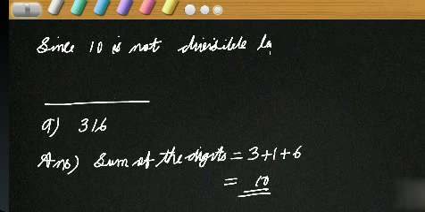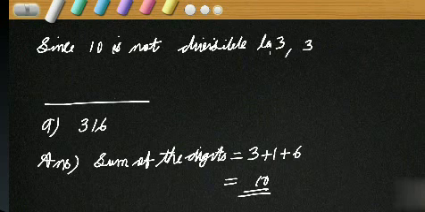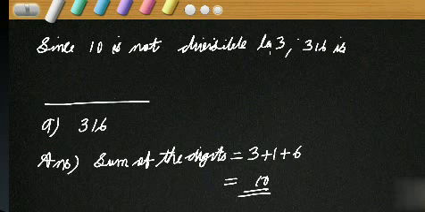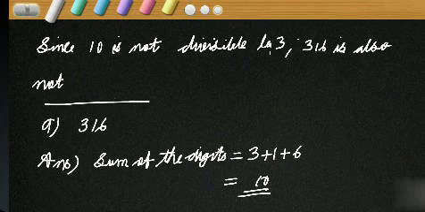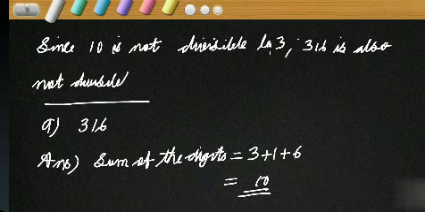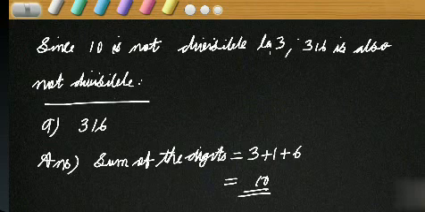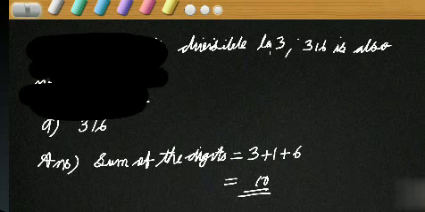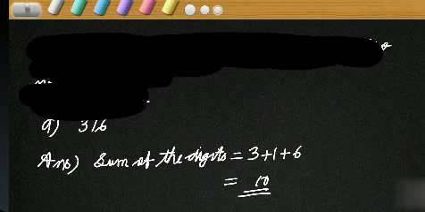Yes, 316 is also not divisible by 3. Okay, you please write properly. 316 is also not divisible. Okay, this is the first question. And now let's move on to the second question.